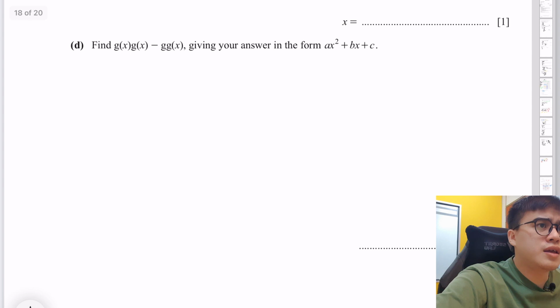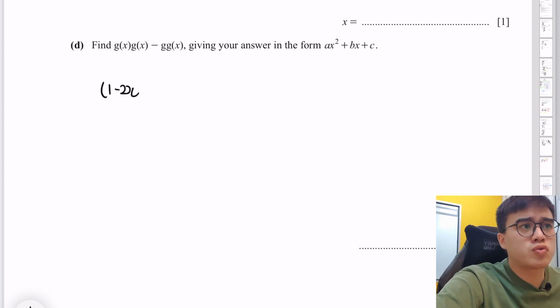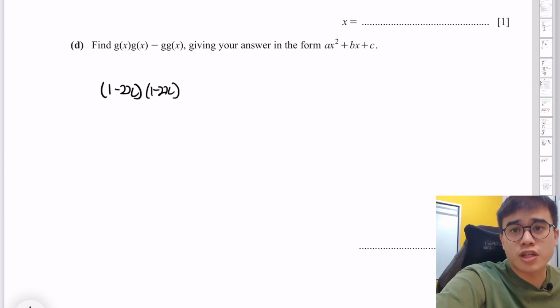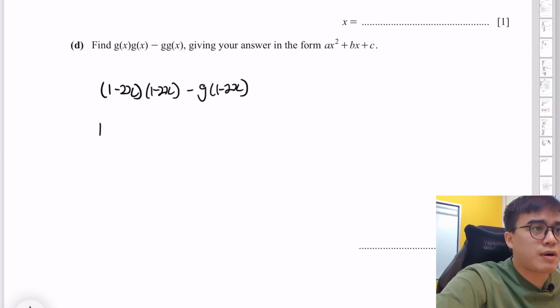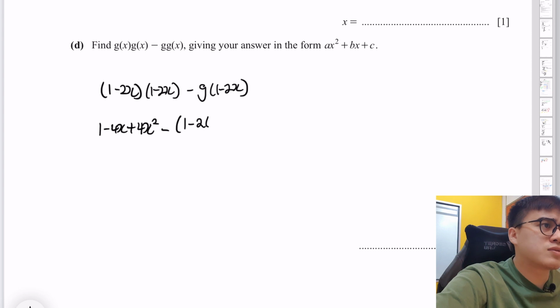As for part D, slightly tricky. When you see 2 functions arranged next to each other, it means they are being multiplied. So 1 minus 2x multiplied with 1 minus 2x. This is the first part. Then minus g bracket 1 minus 2x.